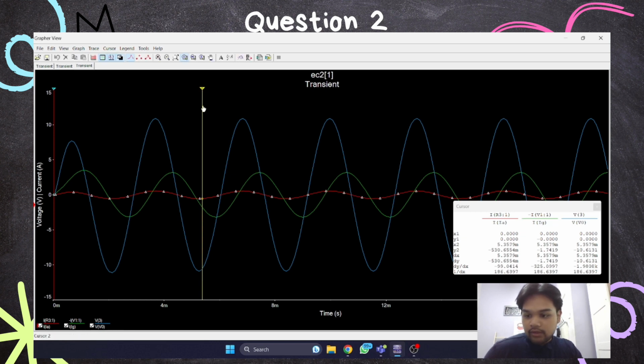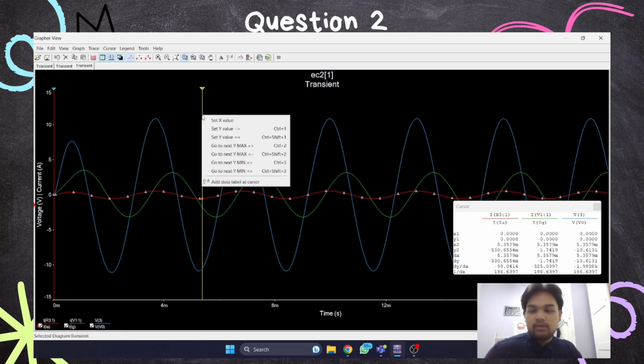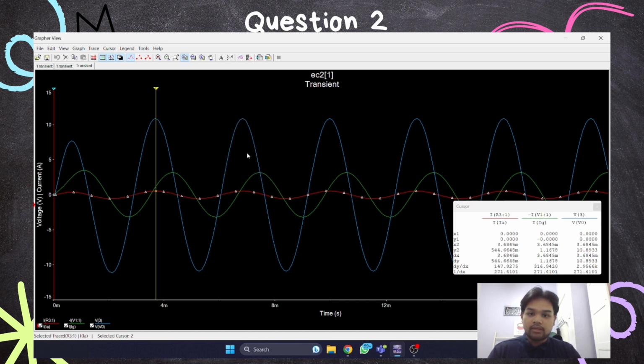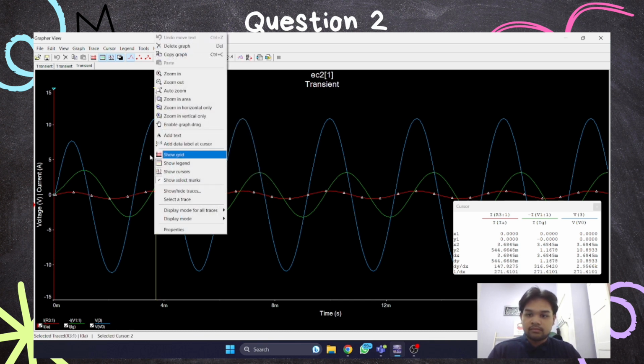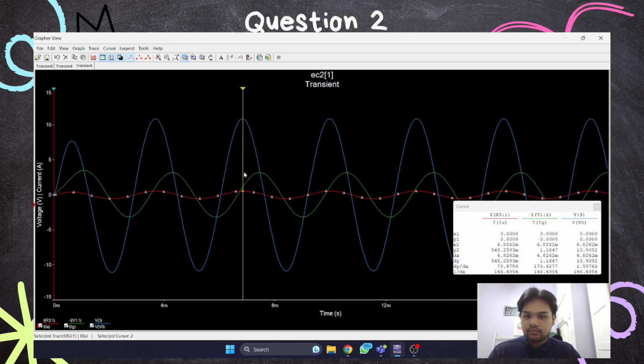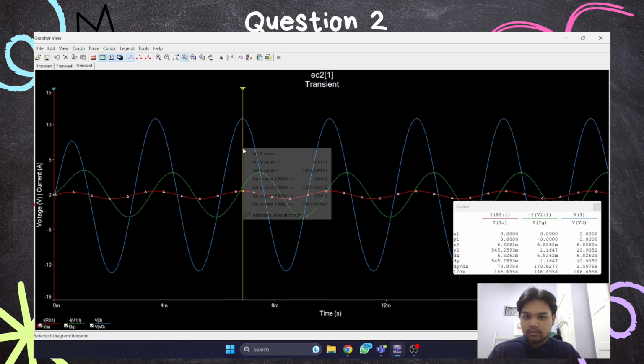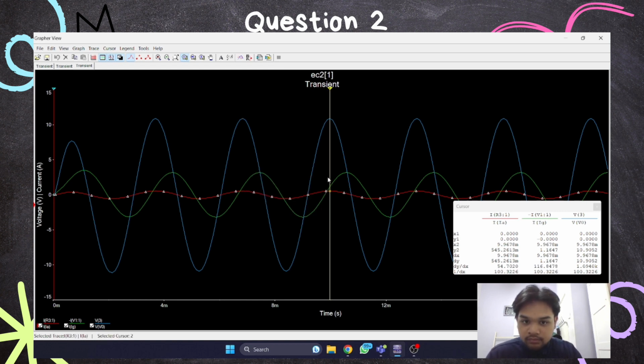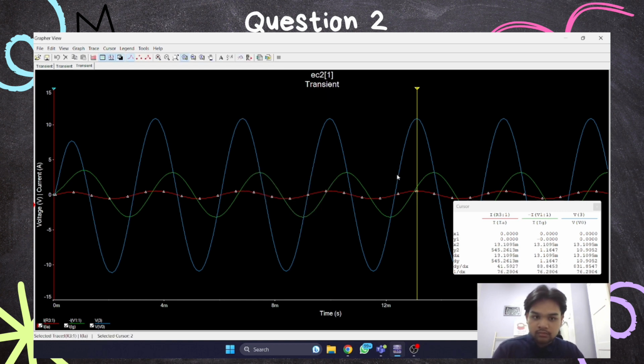Now finding the value of Ia is simple. We just right click on the cursor and go to the next Y max. This is the Y max that we will be using, because there are two other data that we want to see.